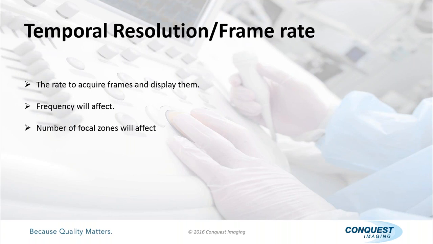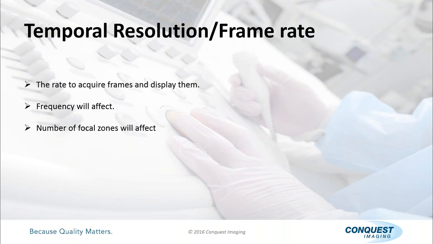Well, the time it takes to build the entire image and get it displayed is one frame rate. And there's no real hard rule as to what the frame rate should be. But with a single focal zone, you're normally looking at the 20 to 30 hertz range, so 20 to 30 times a second a frame will be rebuilt.